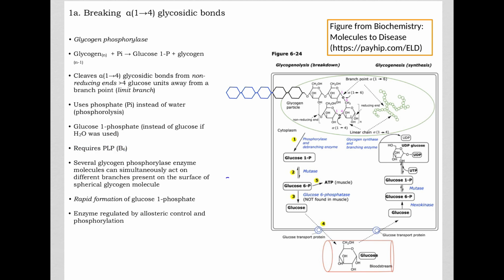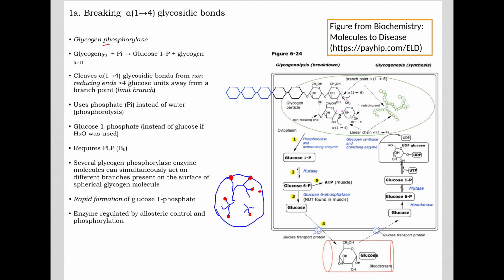Now, when you look at a glycogen molecule in three dimensions, because of all these branches going in three-dimensional space, this molecule looks like a spherical ball. And one glycogen phosphorylase enzyme will sit at a non-reducing end, and there are so many non-reducing ends on the glycogen molecule.